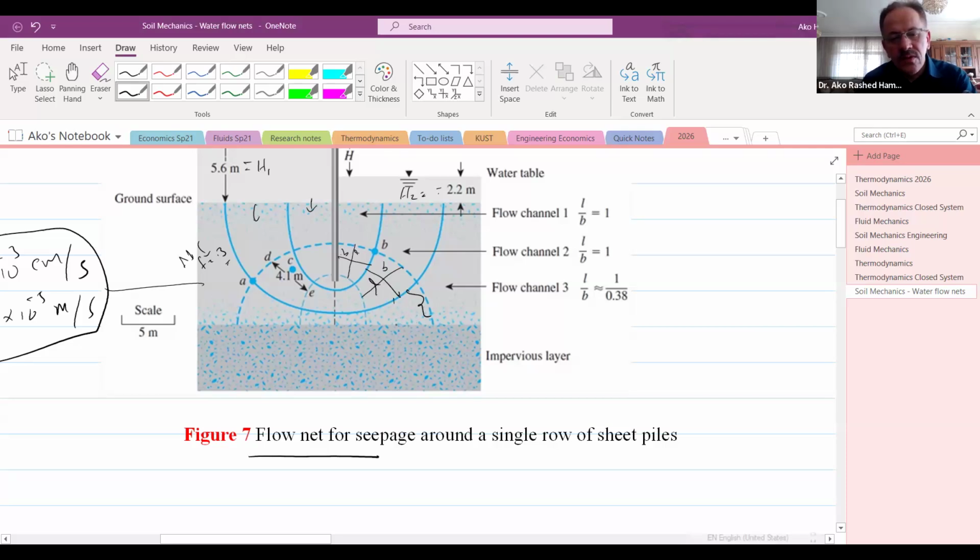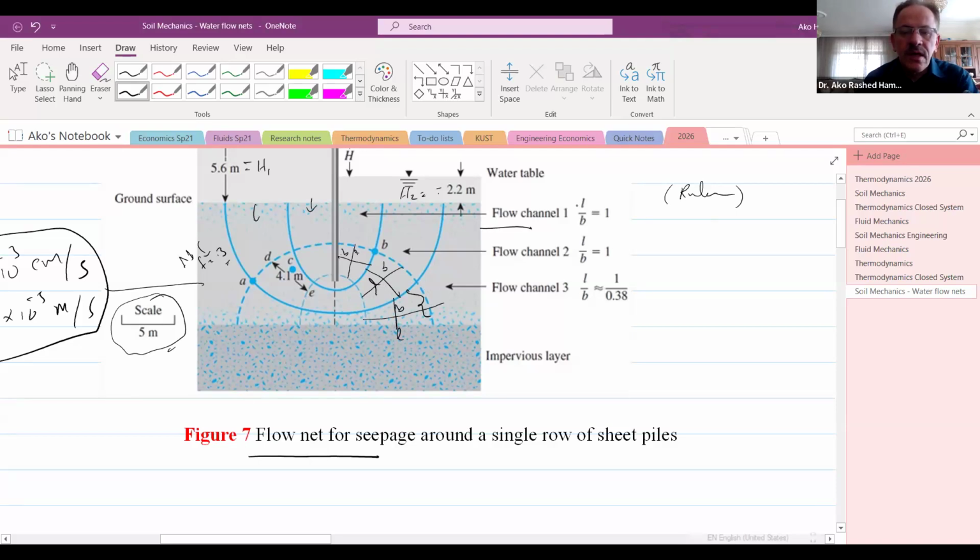Now for this one, we have B, we have L. Because this should be in scale, we have to use a ruler to calculate what those values are.